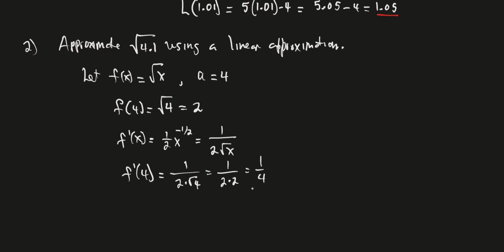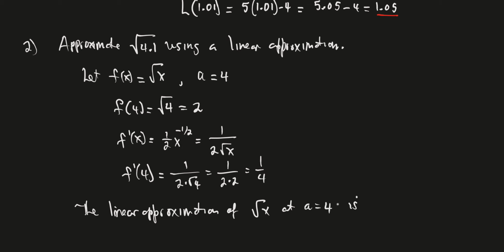And now let's write down our linear approximation of my square root of x at x equals 4, or a equals 4. So L of x is equal to, let me write it down symbolically, my function value plus the derivative value times x minus 4.